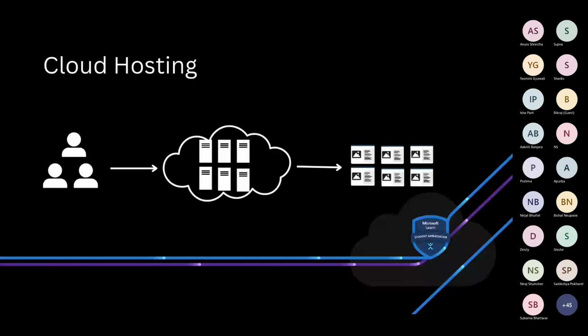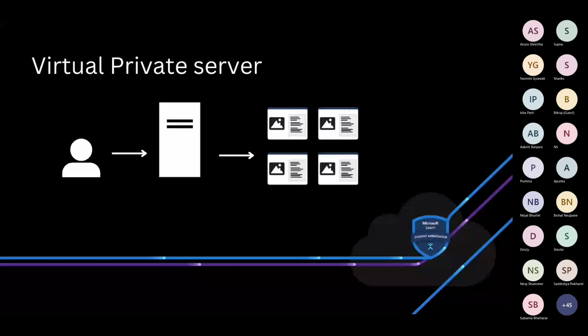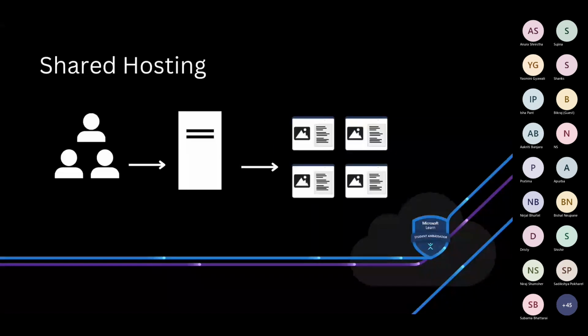That is how cloud hosting developed, from dedicated servers, where it was just dedicated to one website, to virtual private server, in which a physical machine was divided into several virtual machines, with the hosting of different web apps and websites, and then shared hosting, which was very cheap, because there were many people sharing the same server.